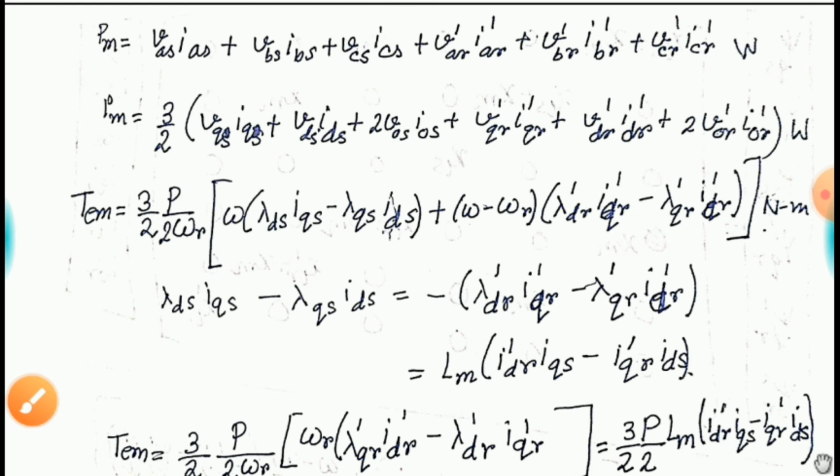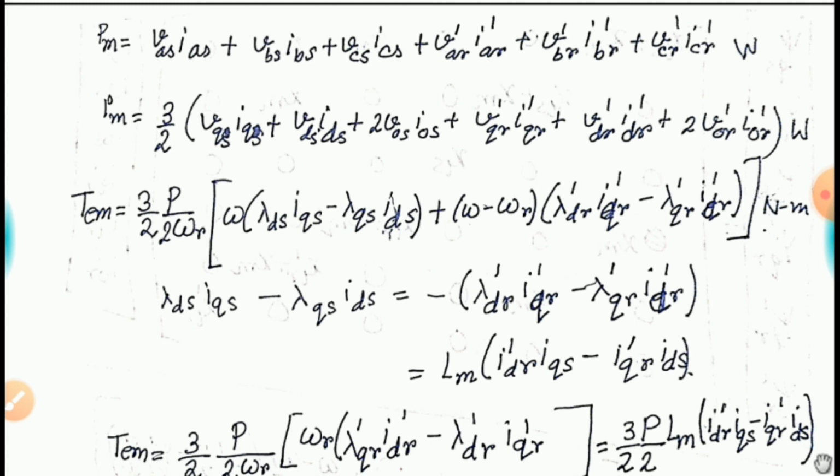Now one thing you can recall: when I was delivering lectures in your third semester, I used to tell you that flux acting in the same direction will either strengthen or weaken your magnetic field, but it has nothing to do with torque production. Torque production can only be done by flux and current.